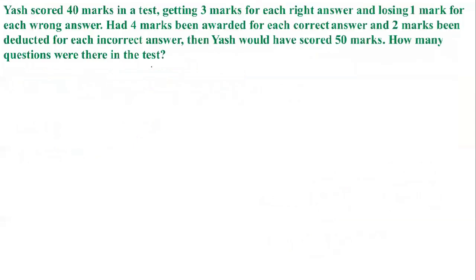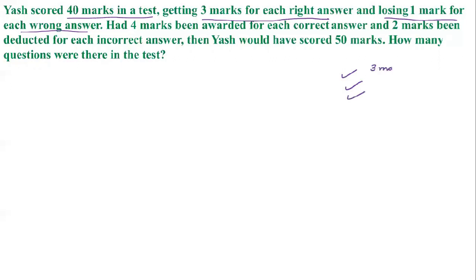Solve this by the elimination method. See here, Yash scored 40 marks in a test, getting 3 marks for each right answer and losing 1 mark for each wrong answer. Total he got 40 marks.